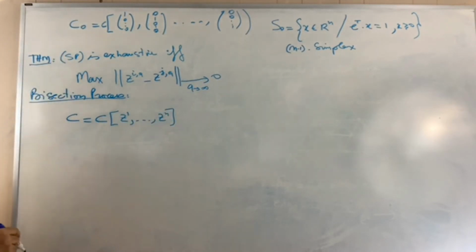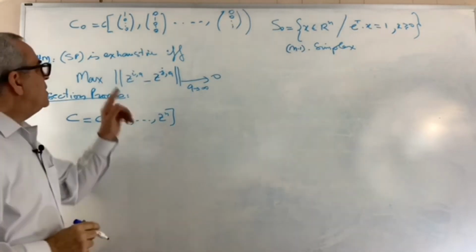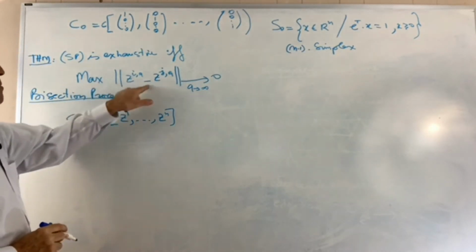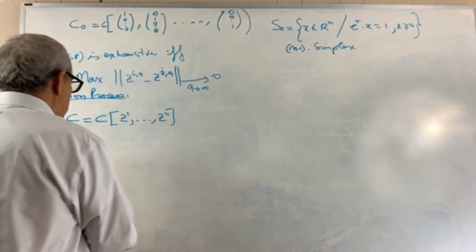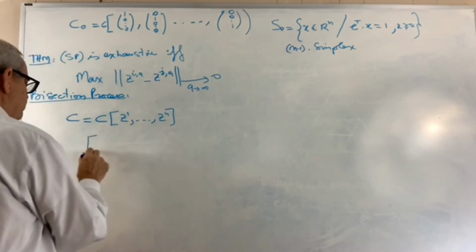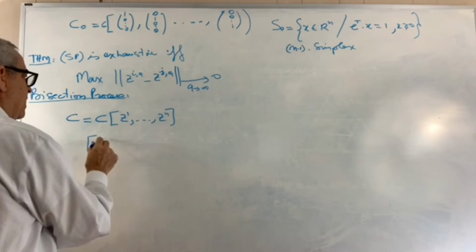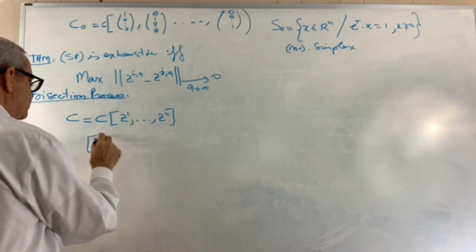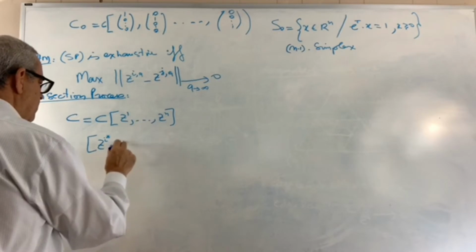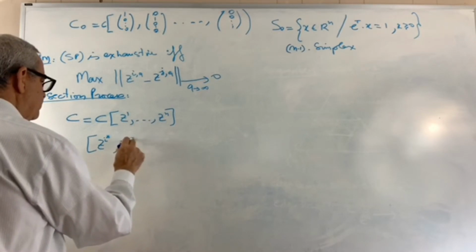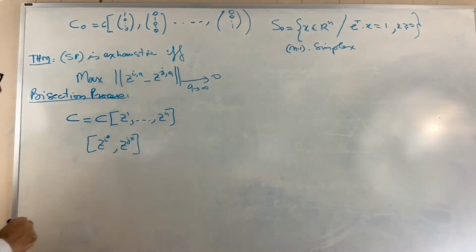Remember this is a maximum edge. So what we're going to do is find the maximum edge of this cone. So here we have Z of I star, Z of J star. This is an edge, and it's a maximal edge.